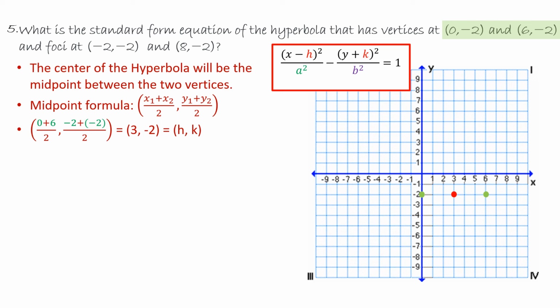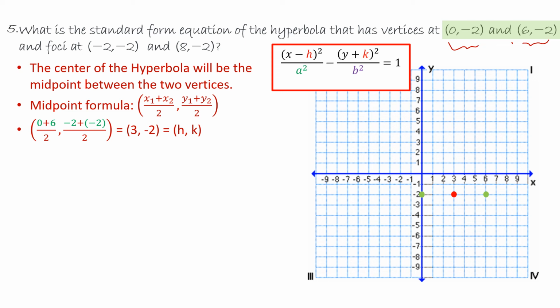Do we have to use the midpoint here? No, because you could have just counted the units, since you have whole numbers. You have to use the midpoint formula if you have something like -2.4 or 6.3. When you have decimals, you have to use the midpoint formula.